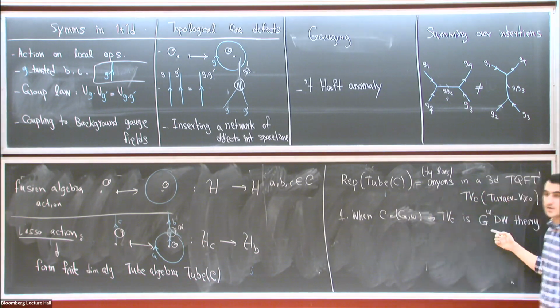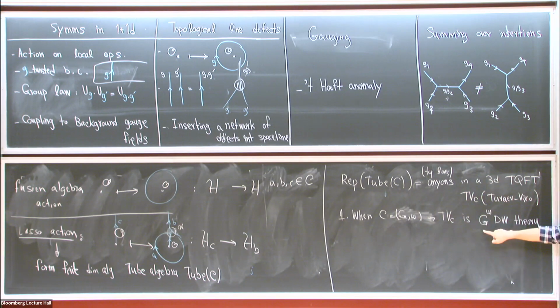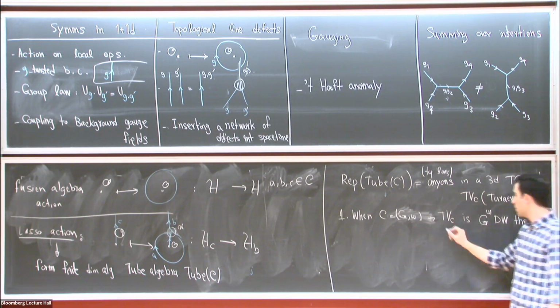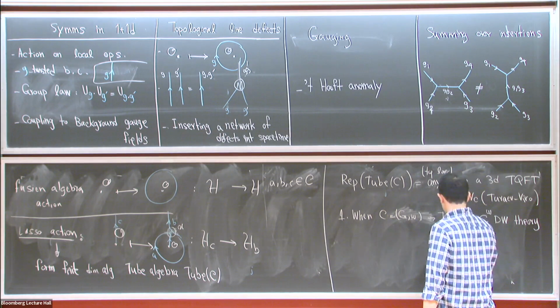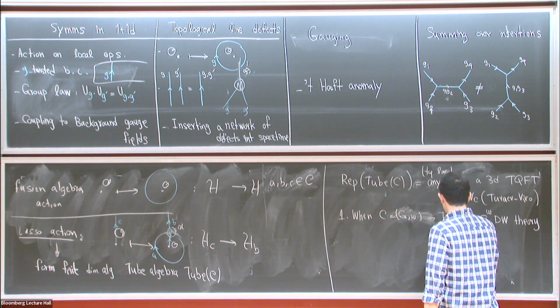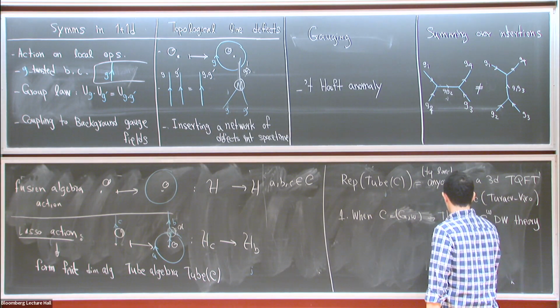So this is just Dijkgraaf-Witten TQFT. It means that it's a discrete G gauge theory with the action given by omega, or a twist given by omega. Omega is a 3-cycle. Right? So this is a topological theory. It's a discrete gauge theory. In other words, this is a gauged SPT in 2+1 dimensions.